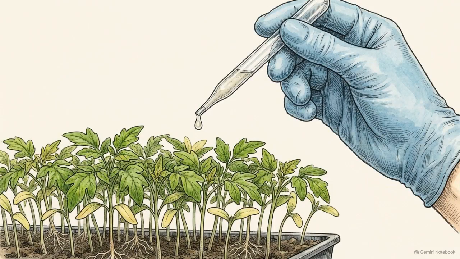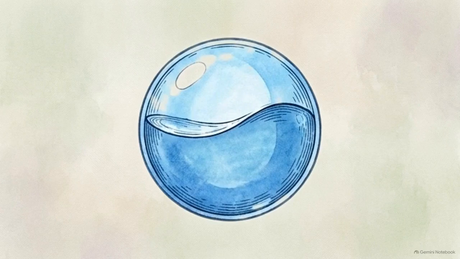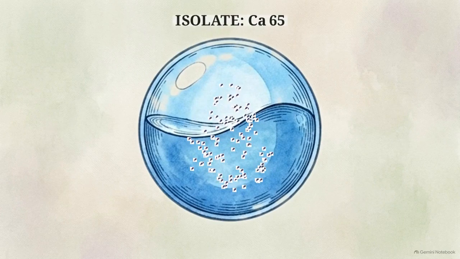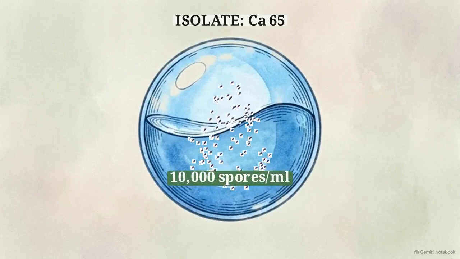With the mutation rate visually confirmed, the researchers moved to the final stress test, challenging these mutated R1 families directly with late blight zoospores to uncover any hidden biochemical resistance. They prepared a highly concentrated zoospore suspension utilizing the virulent isolate Ca65, meticulously calibrated to 10,000 spores per milliliter.